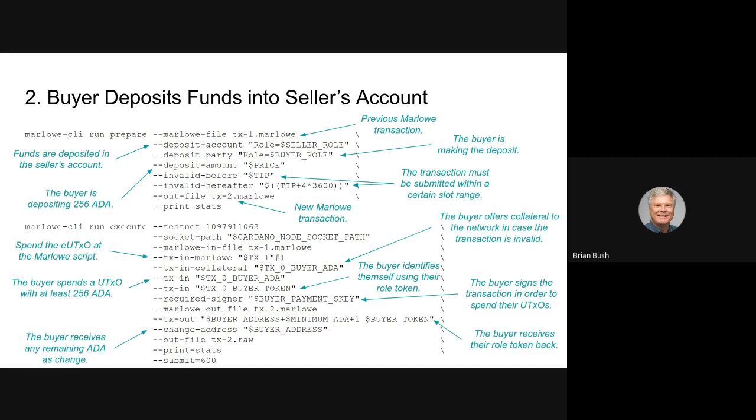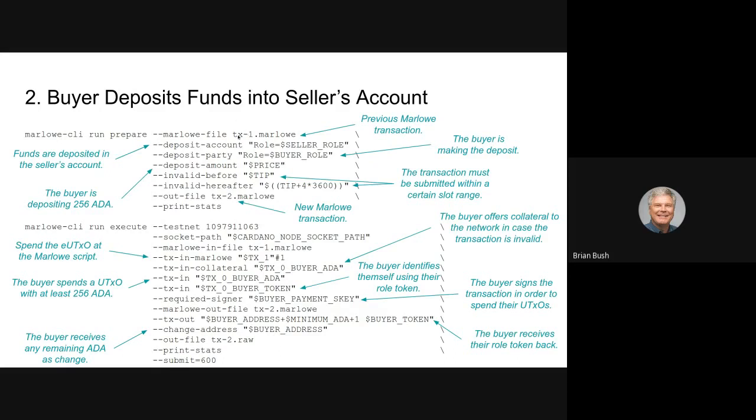So here we have a similar pattern for creating and submitting a transaction. Instead of initialize, since this is a subsequent transaction, we're using the prepare command, and then once again, we use the execute command. The prepare command basically just gives the contract input.